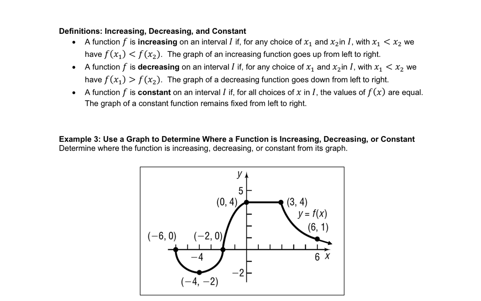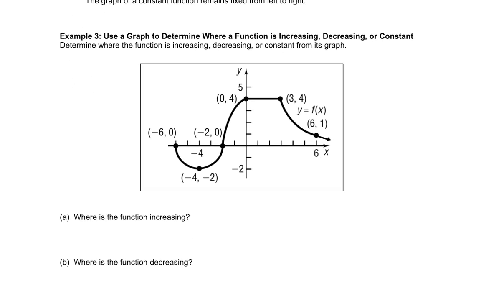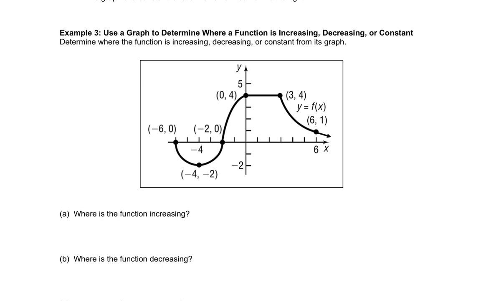So if you look at this graph to determine whether the function is increasing, decreasing, or constant, think of tracing the graph starting at the left and tracing it around to the right. So trace your graph from left to right.